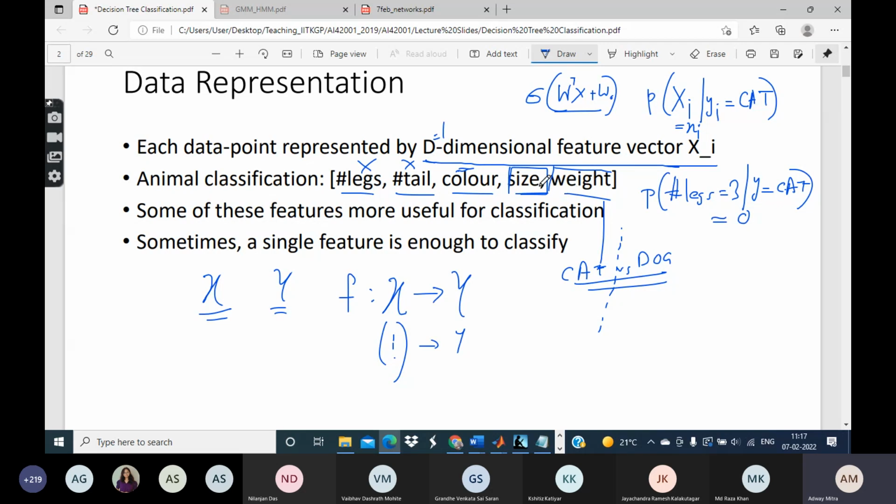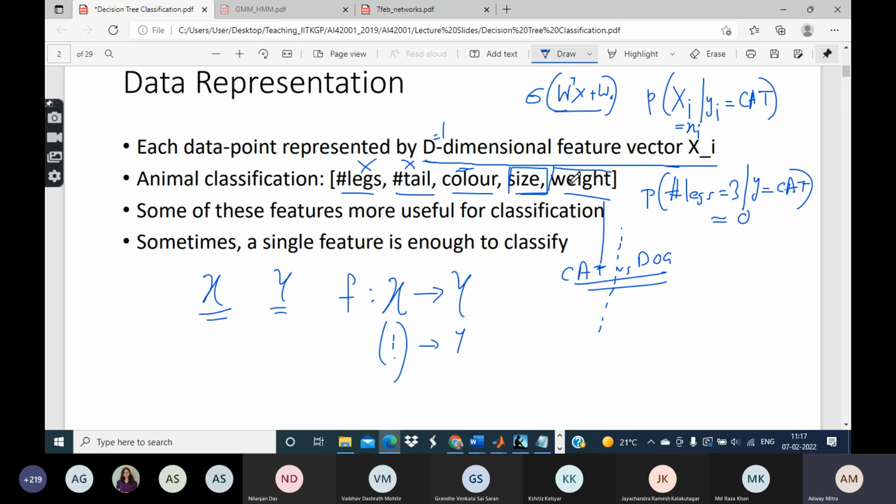The proportionality may not be exactly constant for both cats and dogs. It's possible that in one case the density is higher than the other and things like that. But still, we can say roughly that size and weight are correlated.